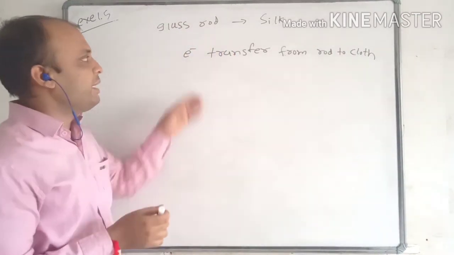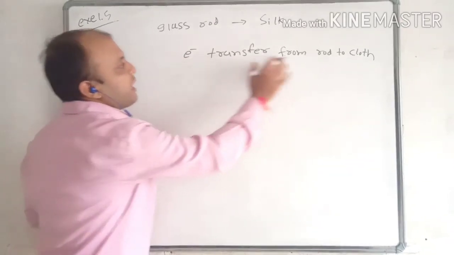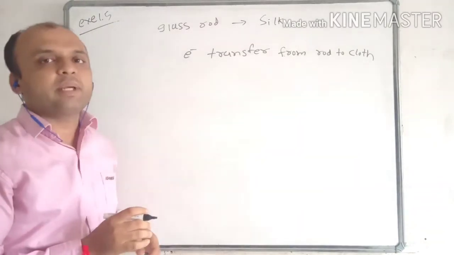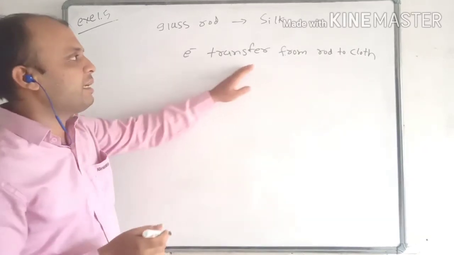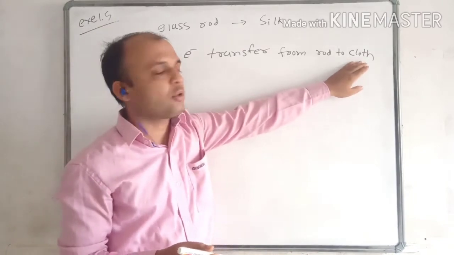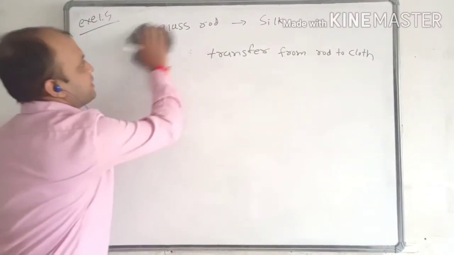The exact number of electrons transferred from the rod is what the cloth gets, and that is conservation of charge.